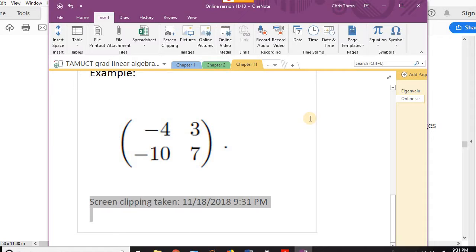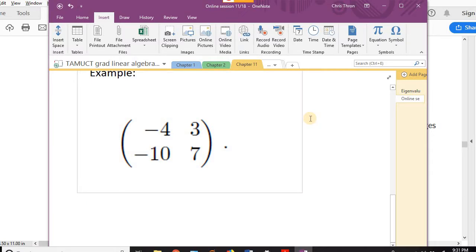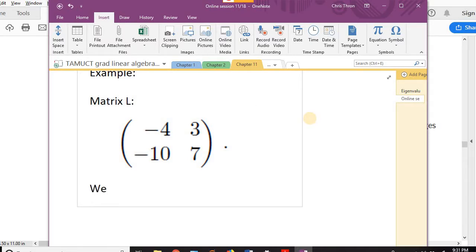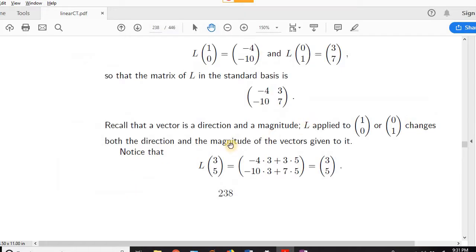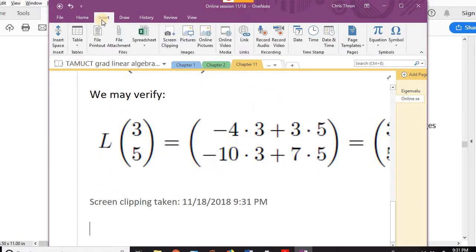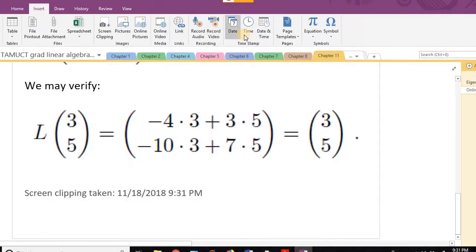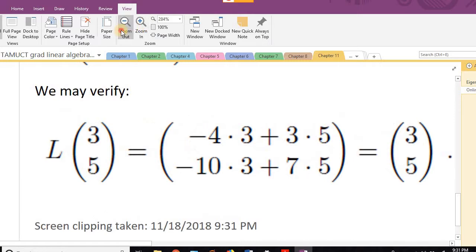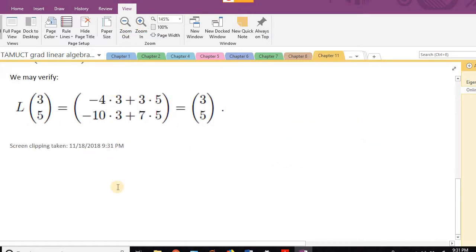So in this case, this is the matrix L. Then we may verify, and here's what he has in this part, so I'll screenshot that. Now, how did it get so big all of a sudden? Let me make it smaller. Okay, all right, so we have that.